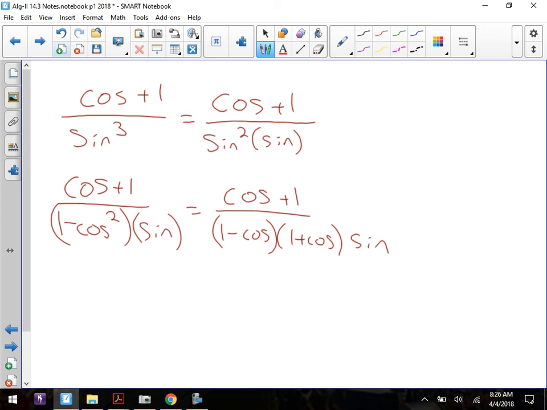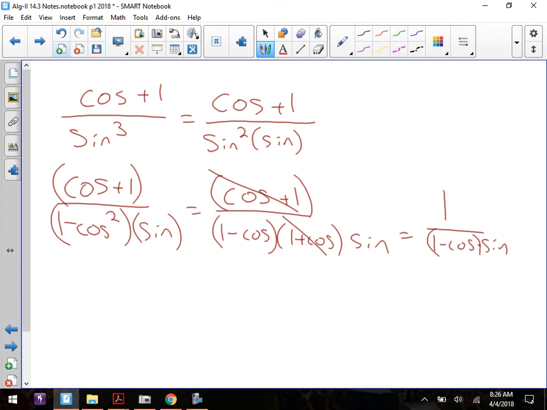And remember that numerator can be treated as a term, so that your numerator goes away, and you get 1 over 1 minus cosine, and then it's all times sine. And then from there, all they did was bring the sine up, and you get cosecant over 1 minus cosine.